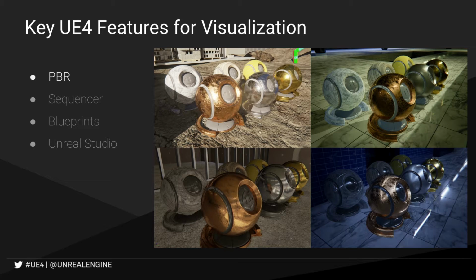The graphs that you have to produce are very simple compared to old video game and real-time materials, and even compared to some of the offline materials that you're used to using. The other big benefit of physically based rendering is that materials and lighting look correct in every material and lighting scenario. As you can see here, these same 6 materials are put into 4 very different lighting scenarios, and in each one, they still read as a correct material.